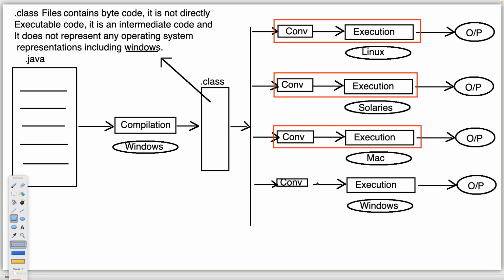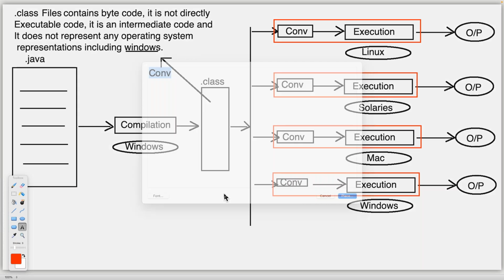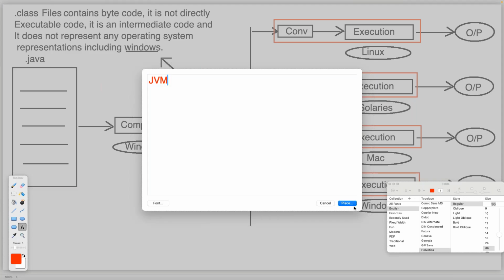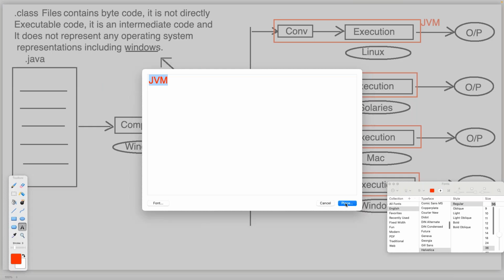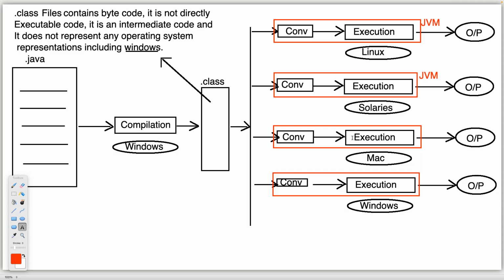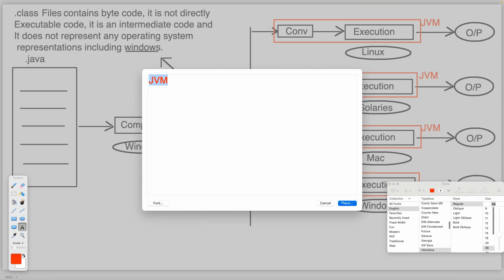This conversion and execution was provided in a single device. Sun Microsystems has provided this conversion and execution in a single component. The name of that particular component is JVM. The name of that particular component is what? JVM.